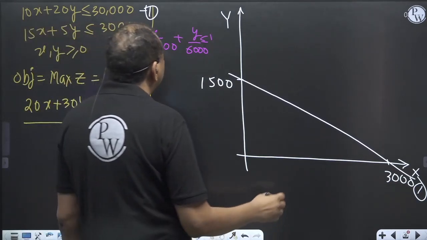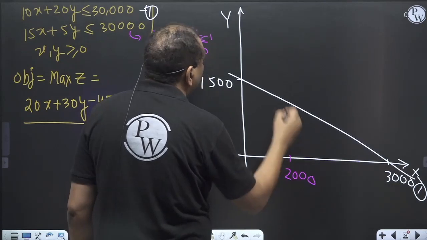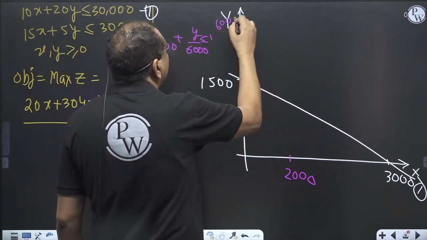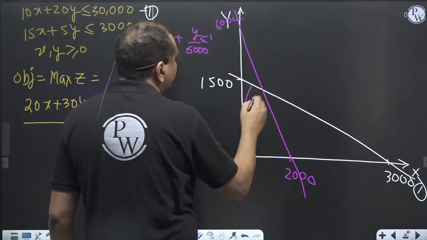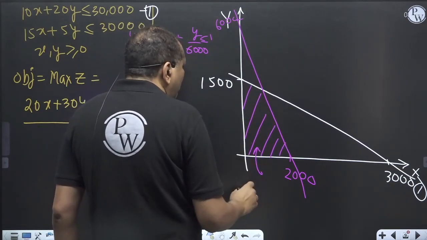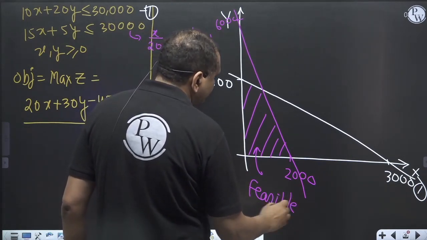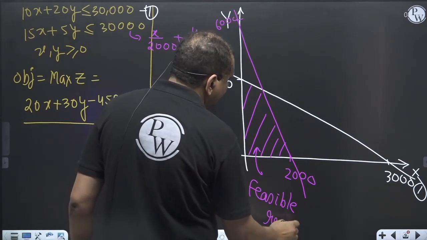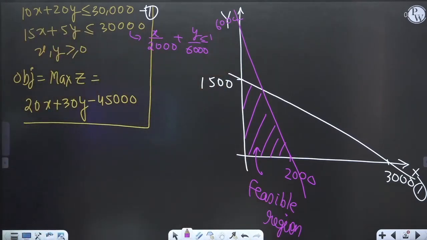So x is 2000, this is 6000. So this is your feasible region.